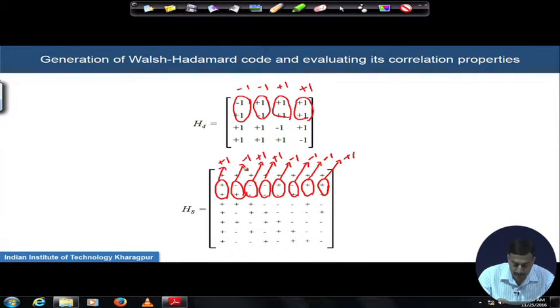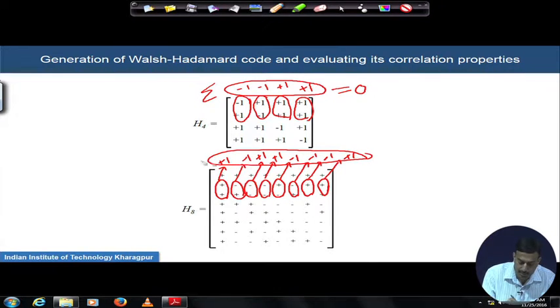So what we notice is that if I sum over all this, the result is equal to 0. Similarly, here also we can see that there are 4 ones and 4 minus ones, and summing up over this entire range of product values gives us 0. So one thing is quite apparent, and you can try it out across any two rows from this given Hadamard matrix: the cross correlation at lag 0 is equal to 0.